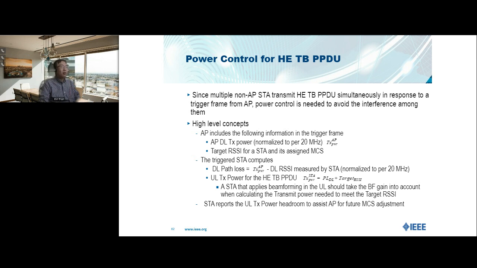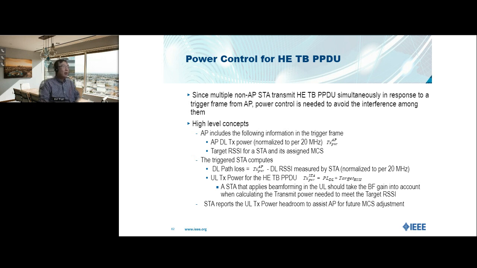In other words, the AP tells station 1, I will expect you to transmit MCS 5, arriving here at a signal level, RSSI level, of minus 72 dBm. Then the station, when it gets this message, will first compute the downlink path loss. Because it knows the AP transmission power from the trigger frame, it can also measure the downlink RSSI, with everything normalized to 20 megahertz.